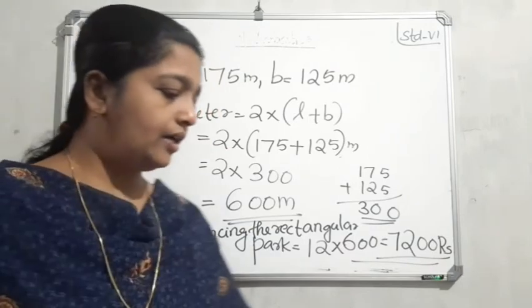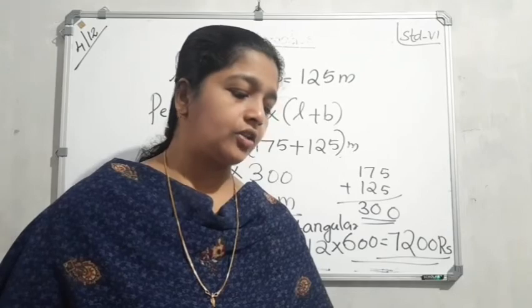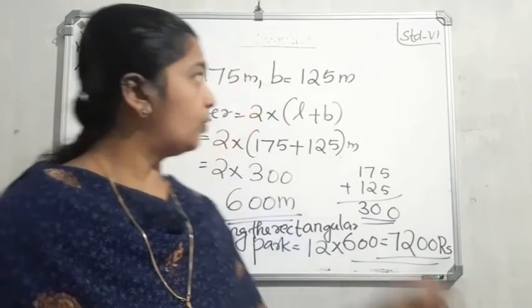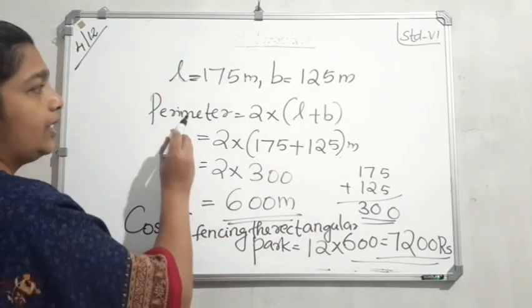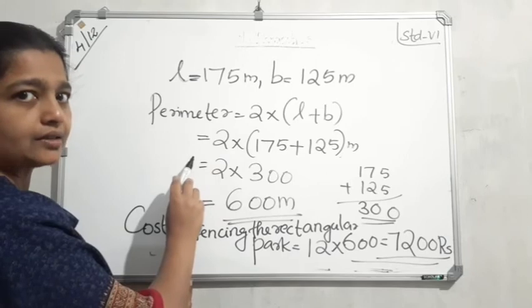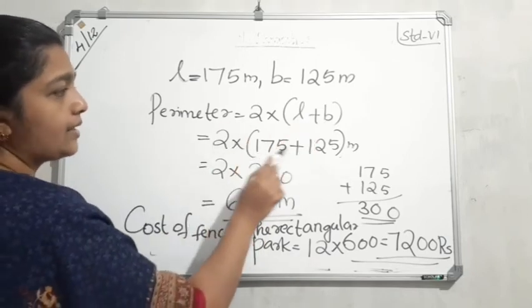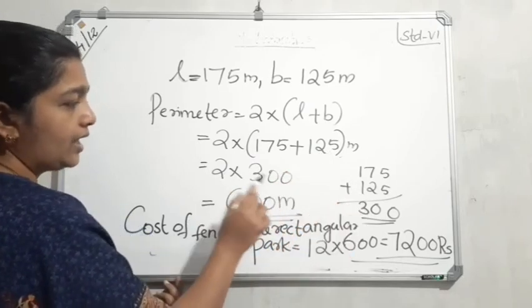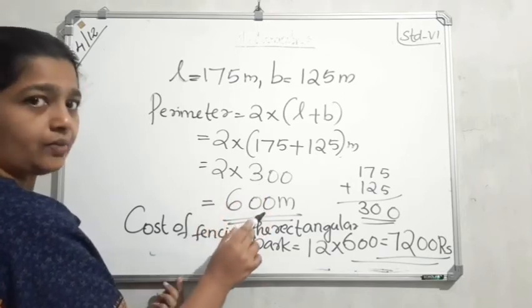Once more. Here, find the cost of fencing a rectangular park. The perimeter equals 2 into length plus breadth. Length equals 175 meter and breadth equals 125 meter. The perimeter of the rectangular park equals 2 into 175 plus 125, that equals 2 into 300, which is 600 meter.